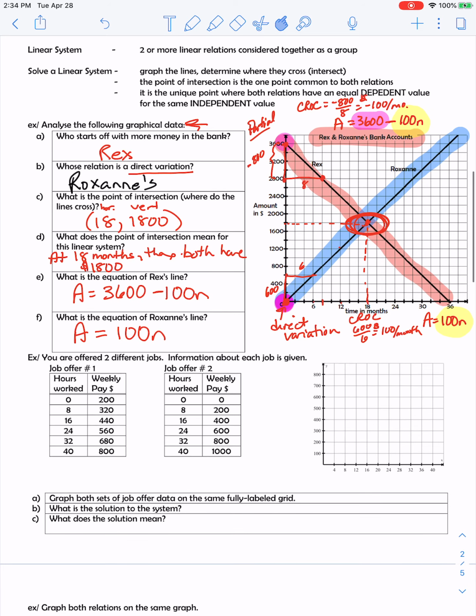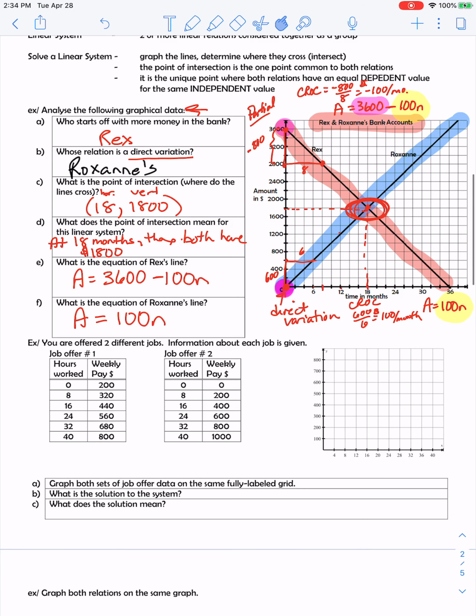For this example, all we have is a table of values, and so we could do the equations, but right now I'm just going to do the table of values. For the first one, I'm going to graph these points.